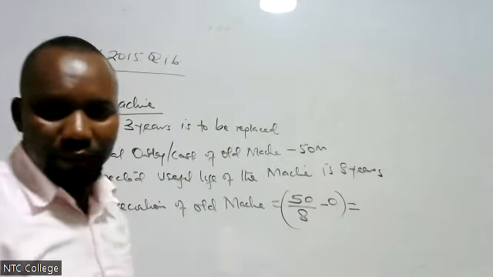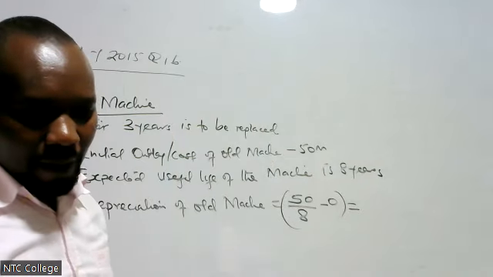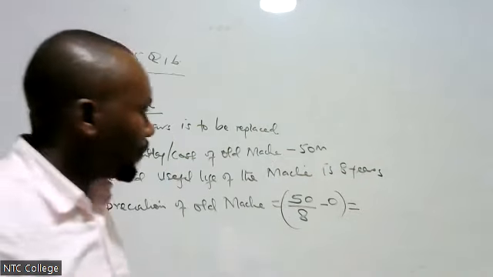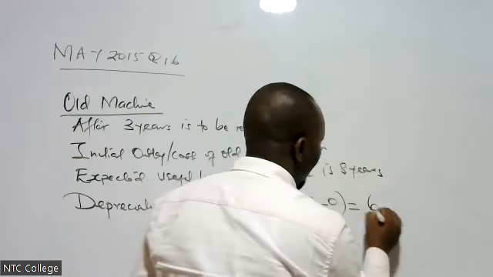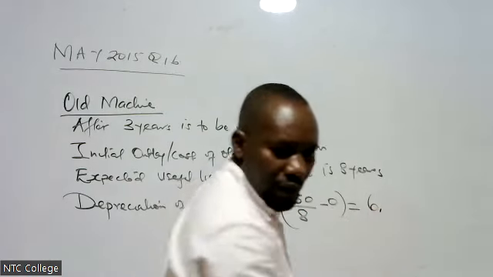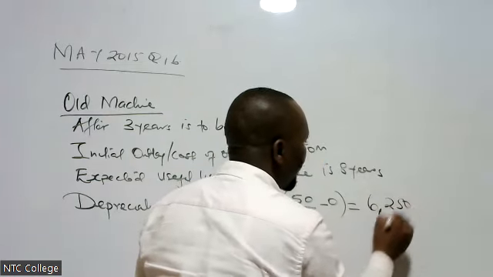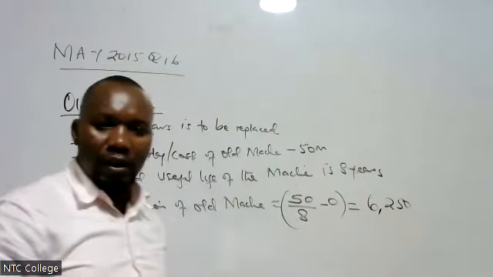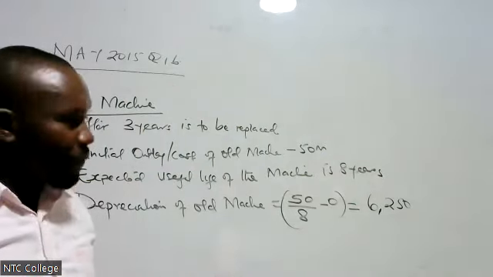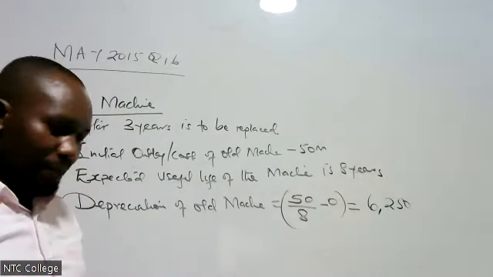How much? Depreciation for the old machine? Is it 6,250? 6,250. That is the depreciation if it was supposed to stay for 8 years.